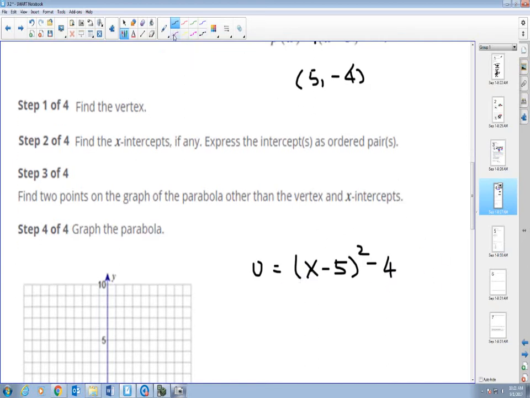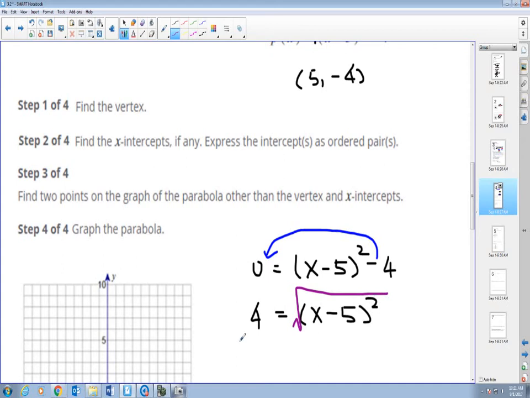As we mentioned before in the review, if my quadratic equation only has 2 terms, I can use the square root property. So I'm going to move my negative 4 over, and that will give me 4 equals x minus 5 whole thing squared. Now if I apply the square root property, all I'm going to do is take a square root on both sides.